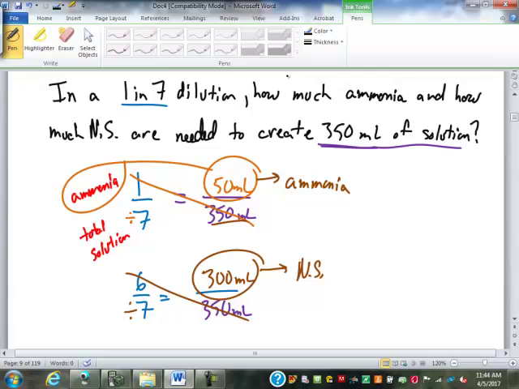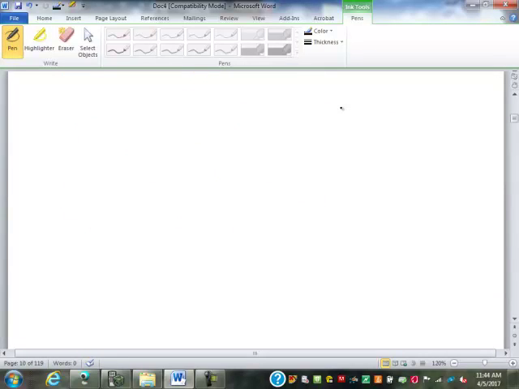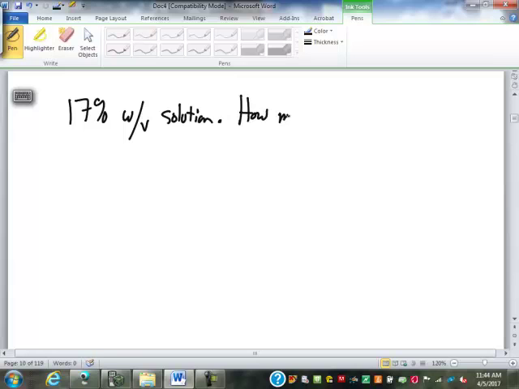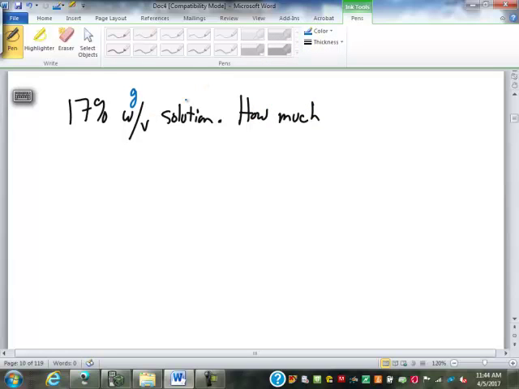One of the next things we looked at was solution concentrations. If we have a 17% weight in volume solution, now remember, in a weight in volume solution, the weight is given in grams and the volume is given in milliliters.